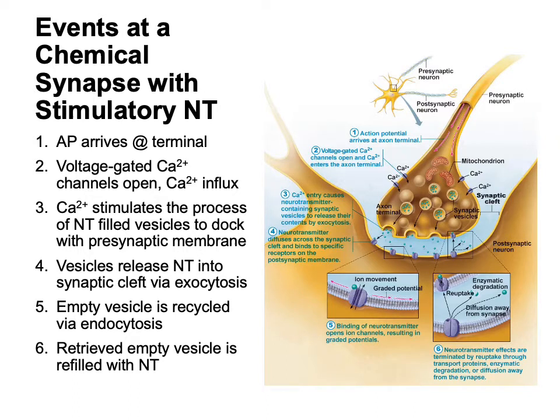The influx of calcium inside the axon terminal will stimulate the vesicles that are filled with neurotransmitters to dock with the presynaptic membrane and eventually release the neurotransmitters into the synaptic cleft via exocytosis. Then that empty vesicle in the presynaptic membrane will reform by endocytosis and then get refilled again with neurotransmitters.